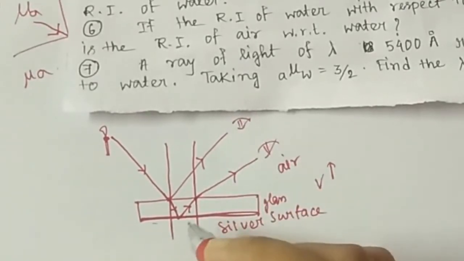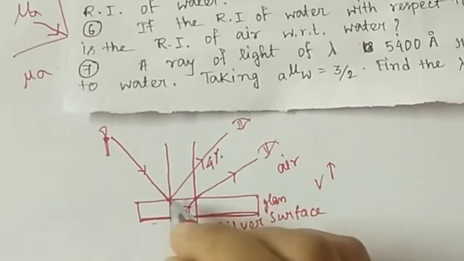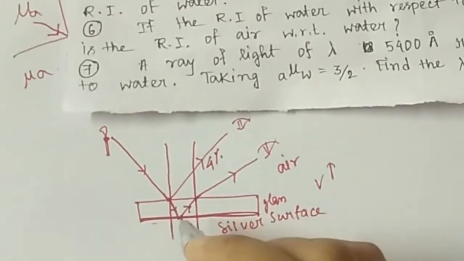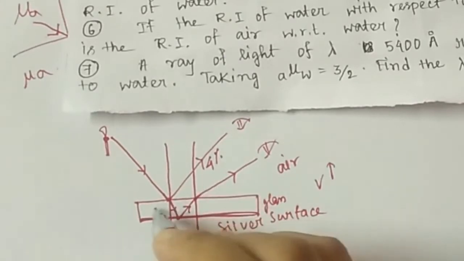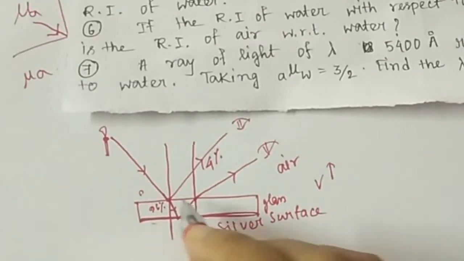Now, it has been found that only 4% of reflection occurs for the first incidence of light, so 96% of this light will be refracted.